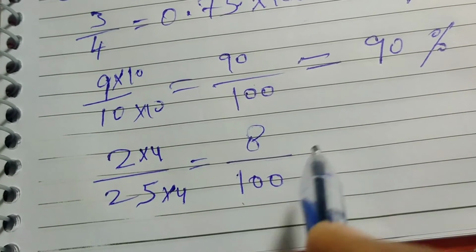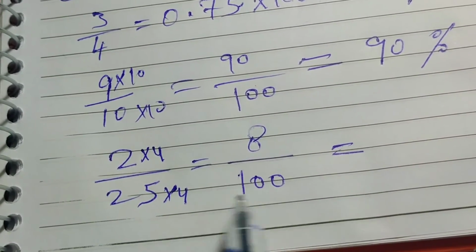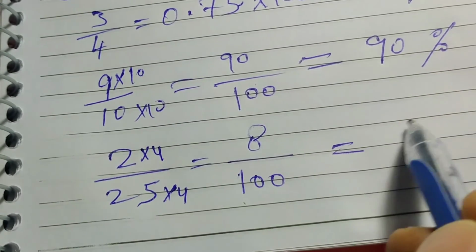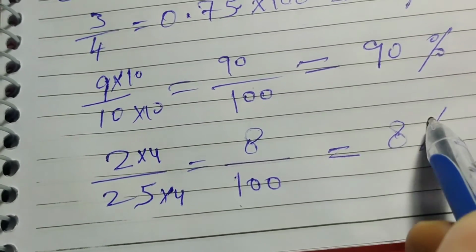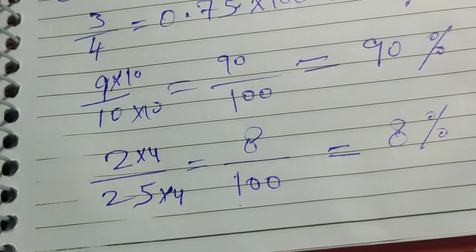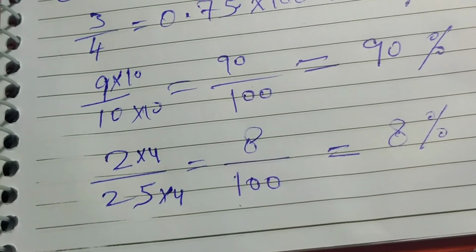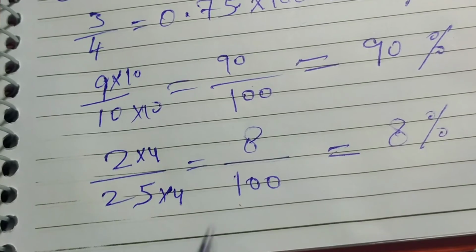Clear, my dear? So as I told you, if the denominator is 100, the numerator will be our percentage, because percentage means something out of 100. So that is out of 100 already. Clear, my dear? This is the first technique.